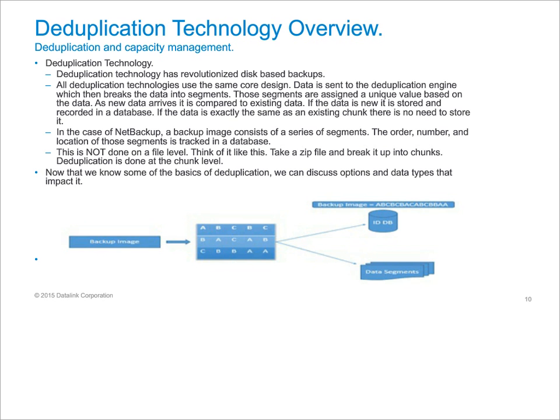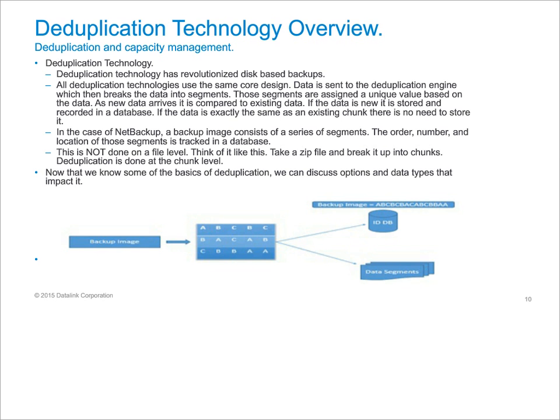Then we ask the database, do we have a block of data that matches this signature? If the answer is yes, we say, okay, we don't need to store that. We just need to know that this block of data is associated with this file as well. So a single segment of data can be associated with multiple images and typically will.